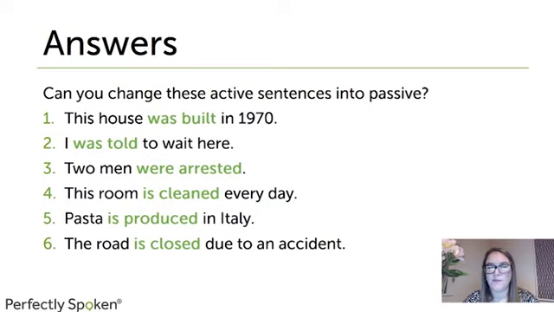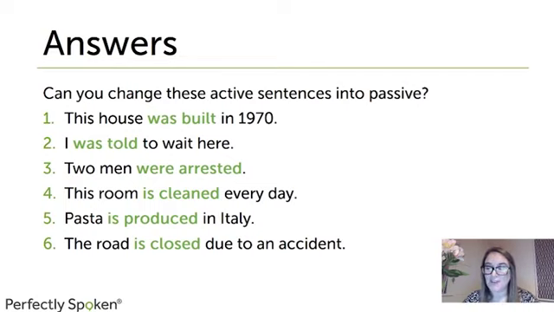Number 3, 2 men were arrested. Number 4, this room is cleaned every day. Number 5, pasta is produced in Italy. And number 6, the road is closed due to an accident.